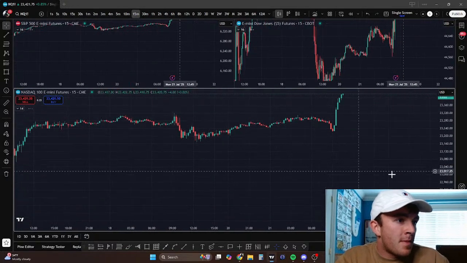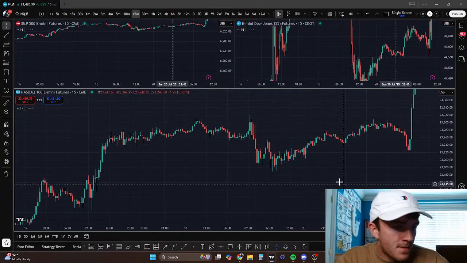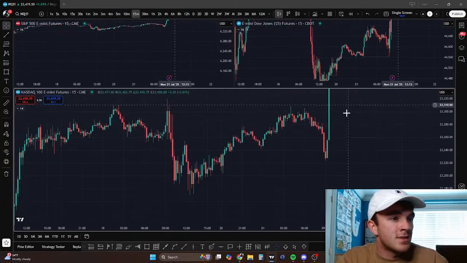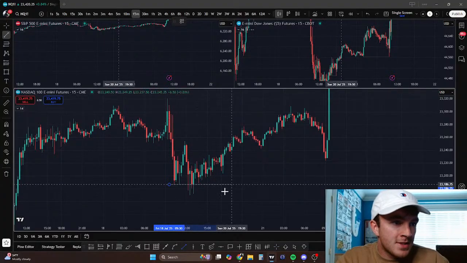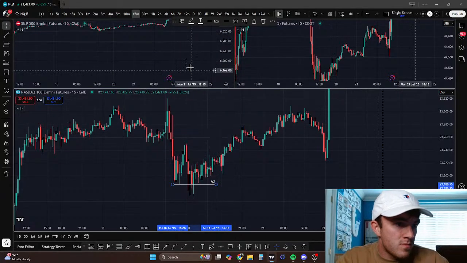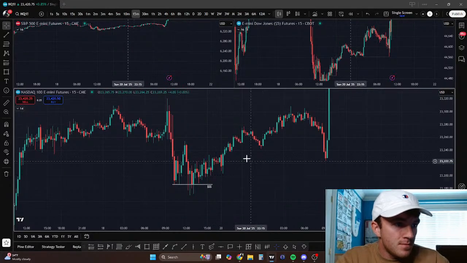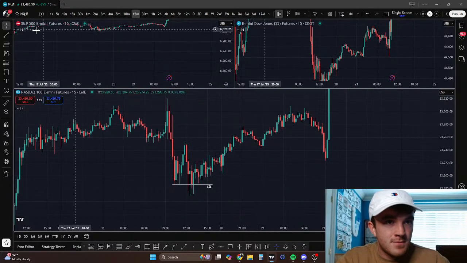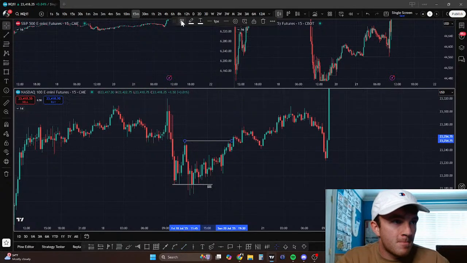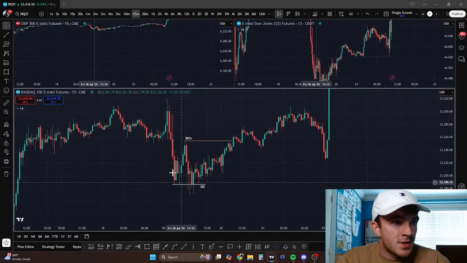Yeah, this was probably most obvious on the 15-minute, right? Because let's take a look at this as a 2022 model on the 15-minute. I think this was most obvious as a 2022 model because we sweep out these lows. We break this high. Super obvious break structure, right? So liquidity sweep, breaker structure.